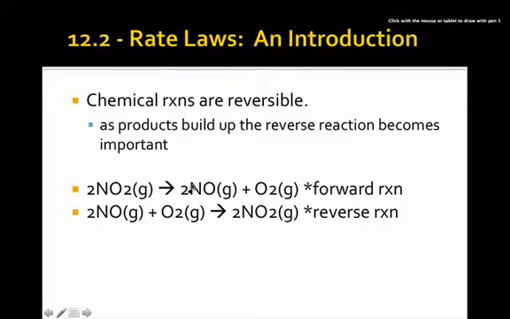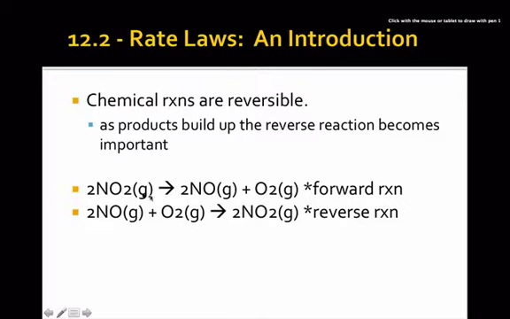All right. The thing to know, and this is what we were talking about earlier on that slide where the concentrations were changing over time, is that chemical reactions are reversible. As products build up, the reverse reaction becomes important. So as we start building more and more of our products, it actually starts the reverse reaction.